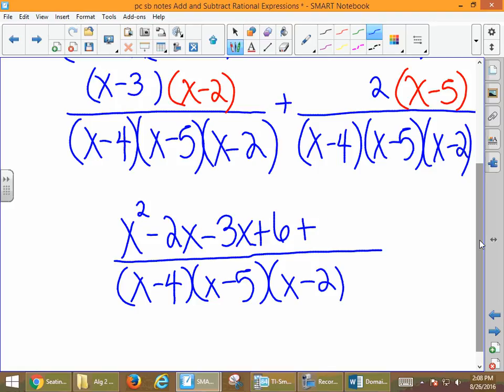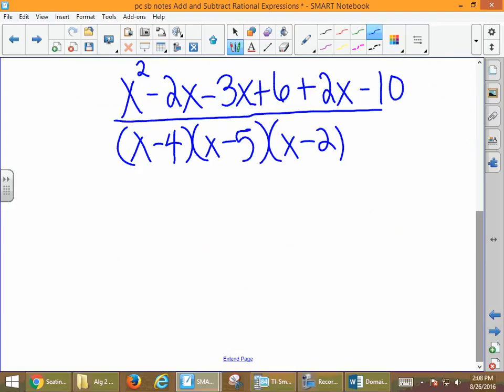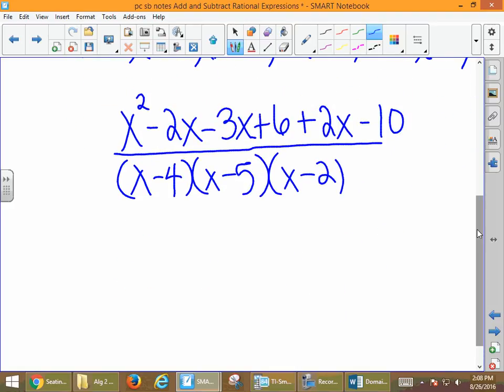2 times x. And 2 times negative 5 is negative 10. So when we combine like terms, we don't have anything to combine with the x squared. But we do have negative 2x and negative 3x and positive 2x.